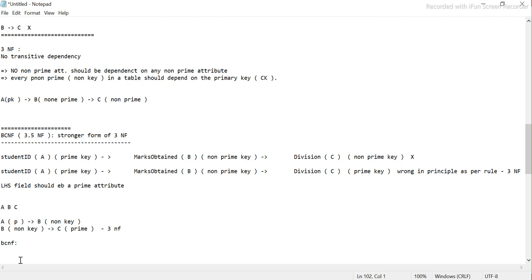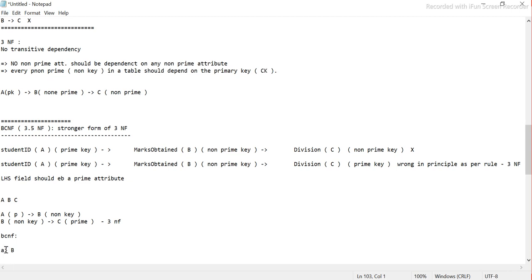So what we are saying, A should determine B. That is perfectly all right, because A is prime. Now, sorry, this arrow should be this way actually, which means C is dependent on B. So this is not allowed.